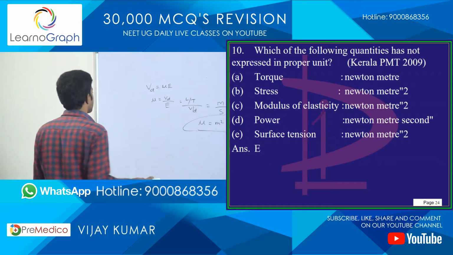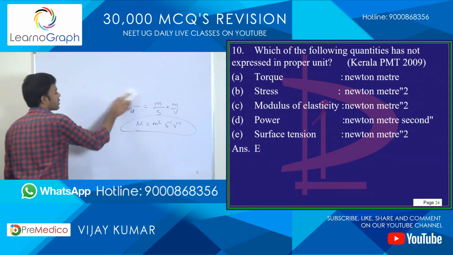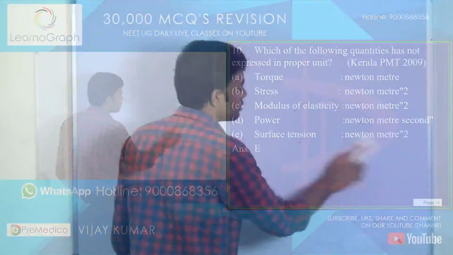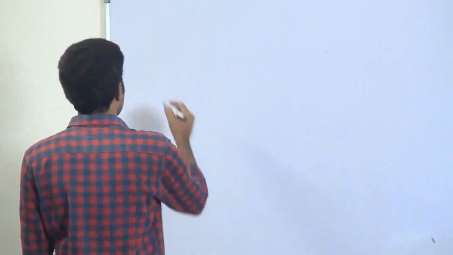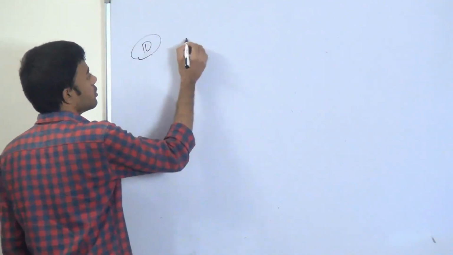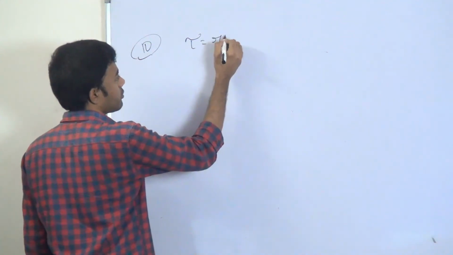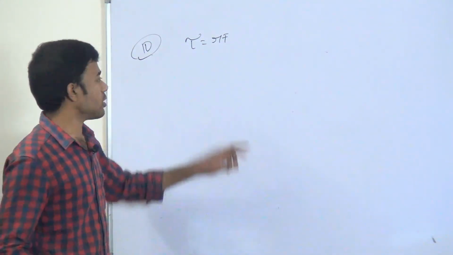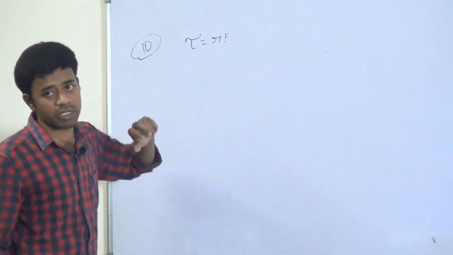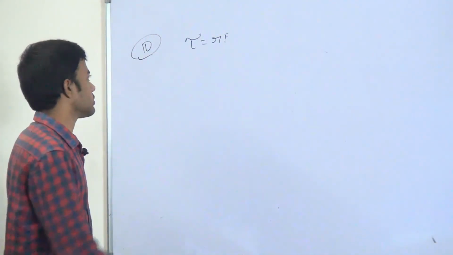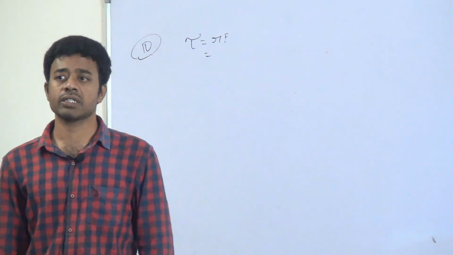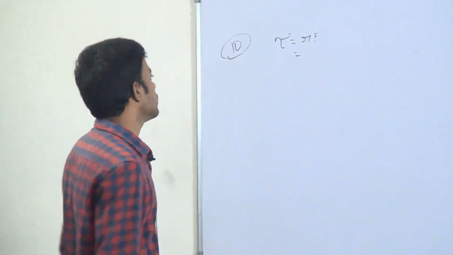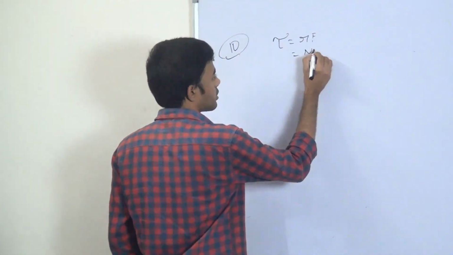Torque is indicated by tau, so tau is equal to R into F. R means the radius, which is the distance, indicated in meters. F is force, which has the SI unit of Newton. So it is Newton meter.